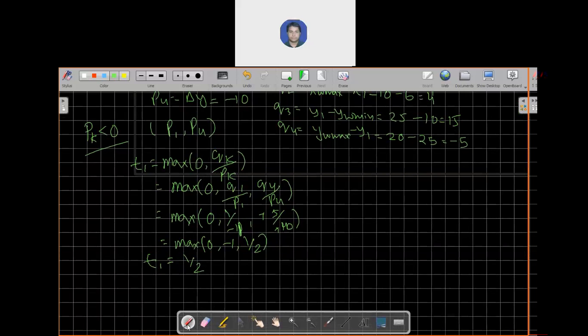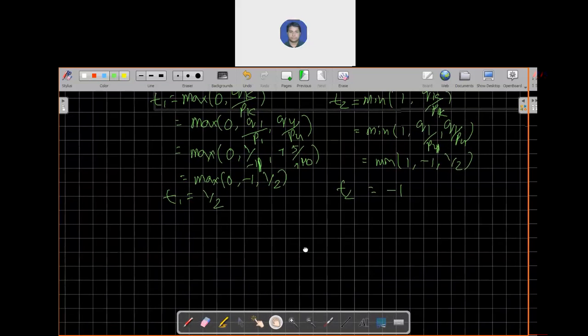In the same way, find the value of t2, which is the minimum of 1 and qk upon pk. Min of 1, minus 1, 1 by 2: which value is minimum? Minus 1. So t2 is minus 1.